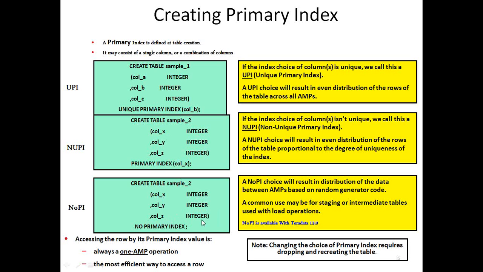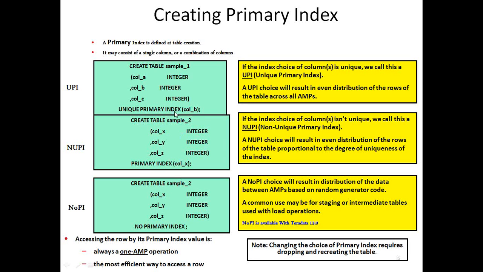If there is no column with a unique constraint, then the first column is considered a non-unique primary index by default. So if you eliminate the phrase NO PRIMARY INDEX, Teradata automatically selects a primary index based on the constraints on the columns. The first unique column is considered the unique primary index, and if there is no unique constraint in the columns, the first column itself is considered a non-unique primary index.